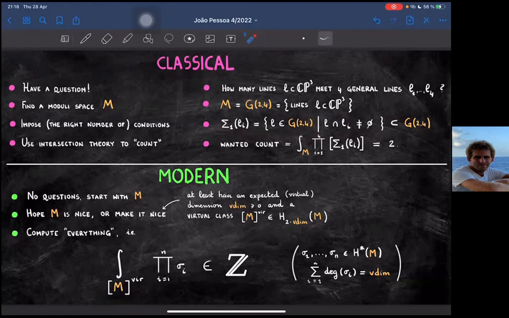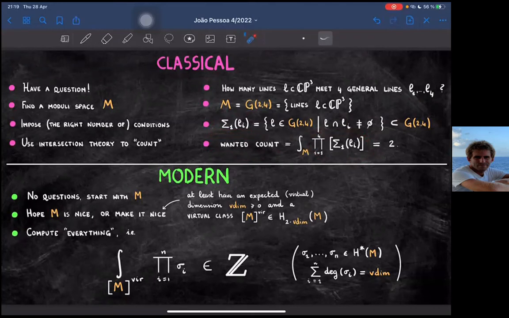And then the crucial part is to use intersection theory to count the intersection between these submanifolds. And so the intersection theory tells you that the answer you want is the degree of a product of the cycles associated to these submanifolds.